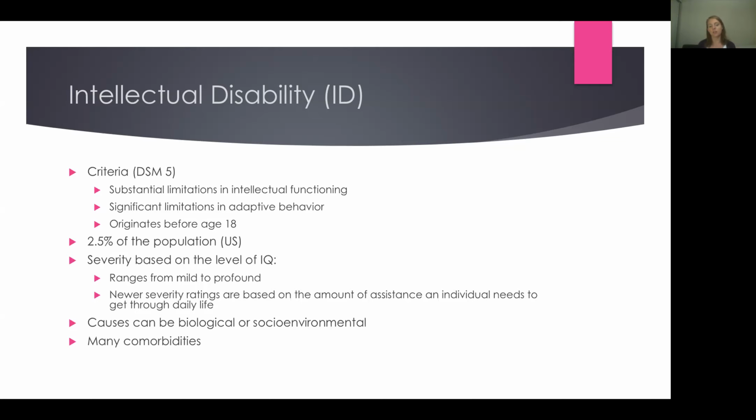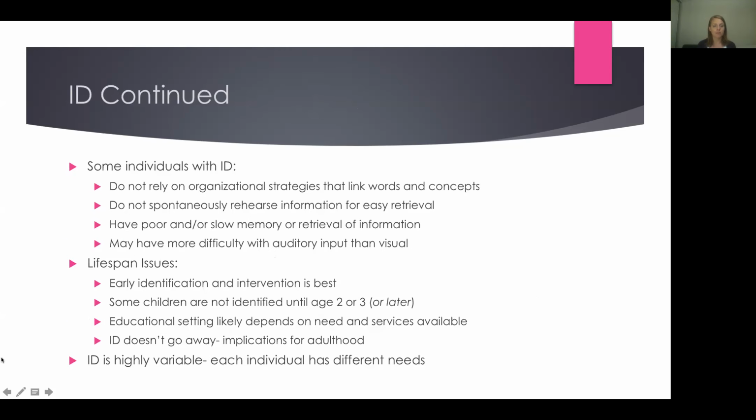How much help do they need to be able to carry out all their activities of daily living? It can have many causes, can be biological, can be socio-environmental, just depends on the person. And there are many other comorbidities that are associated with this. So people who have ID have, for example, a higher chance of also having a mental health condition, those sorts of things. So just a little bit about ID in general.